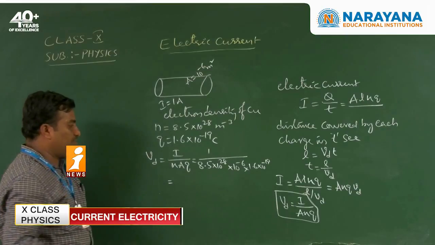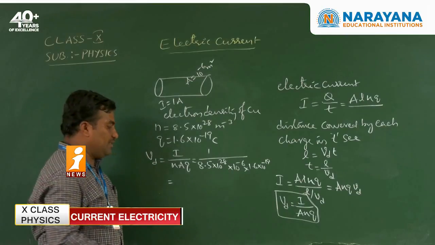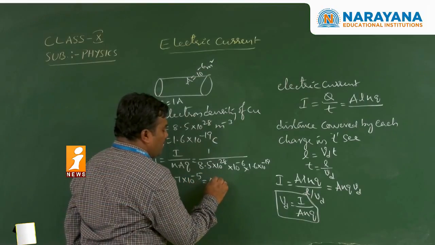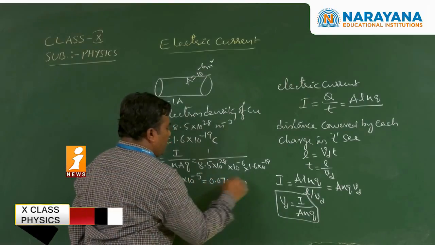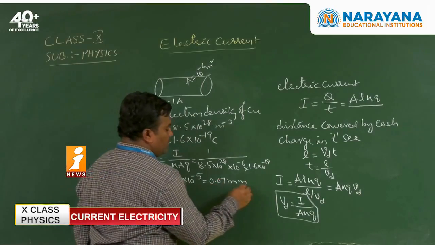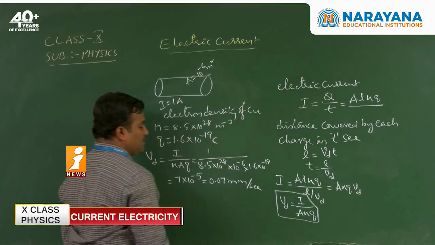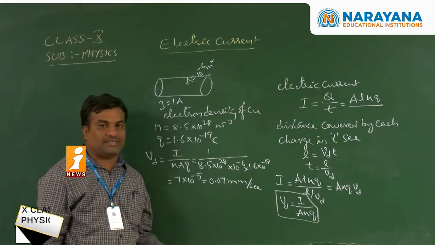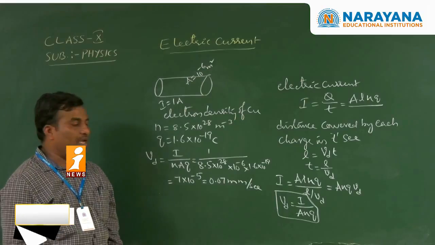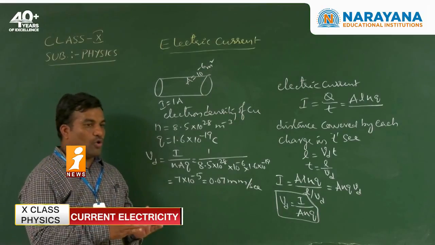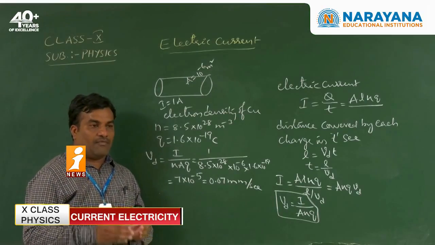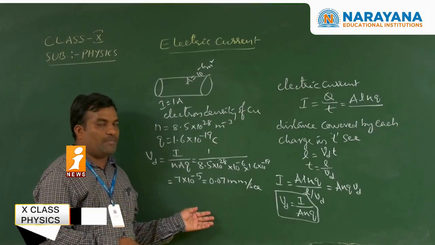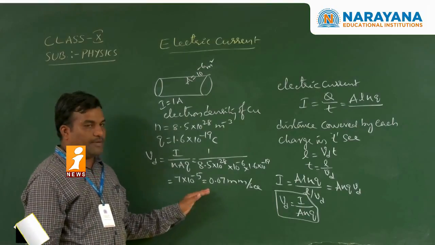Calculating this, we easily get 7 into 10 to the power of minus 5, or 0.07 millimeter per second. So the drift speed is very small. The electrons travel slowly from the negative end to the positive end, and energy is transferred from one place to another. This is the drift speed.